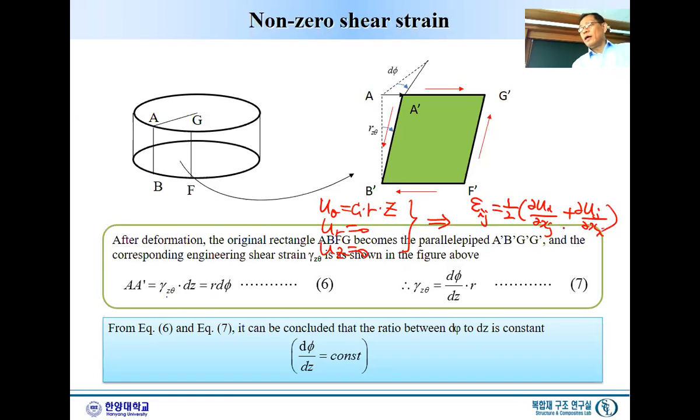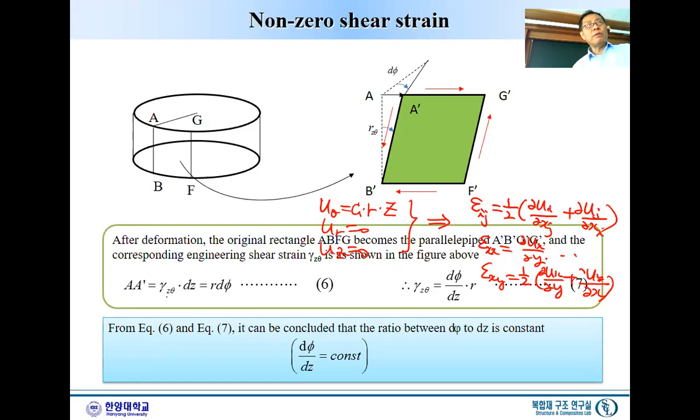This is the differential expression, but in a simple way, epsilon xx will be the derivative of ux with respect to x, and epsilon xy will be a half of the derivative of ux with respect to y plus the derivative of uy with respect to x.